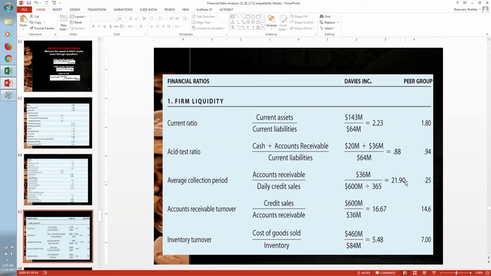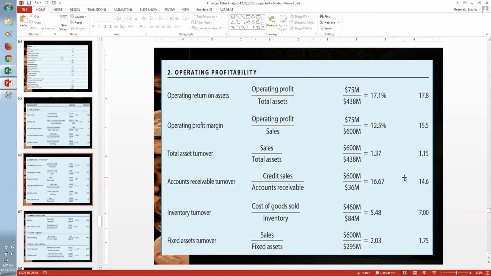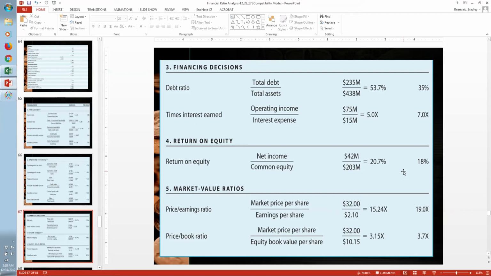But really, these ratios are only so useful. We want to be able to take these ratios, and here we have our operating profitability ratios and some of our financing decision ratios, return on equity, market value ratios.